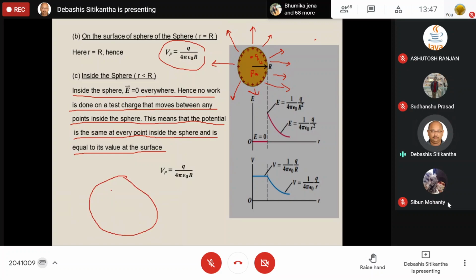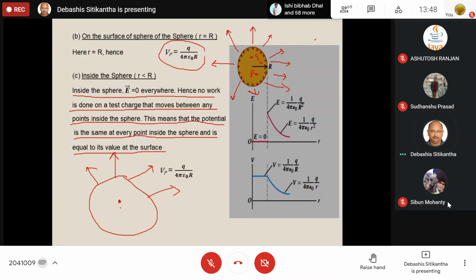As I told you, inside this there is no electric field, because all the electric fields are directed from the surface outwards like this. That means inside there is no electric field. If this is the case, then how are we going to evaluate this?